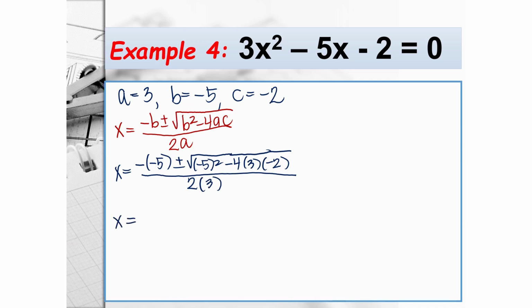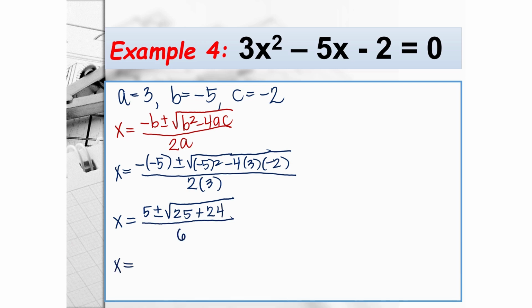Simplifying, x equals negative times negative 5 is positive 5 plus minus square root of yung negative 5 squared is 25. And then multiply negative 4 times 3 is negative 12. Negative 12 times negative 2 is positive 24, all over 2 times 3 is 6.